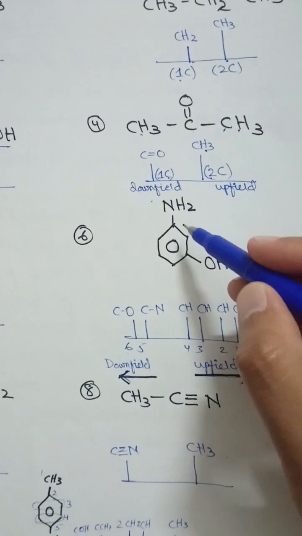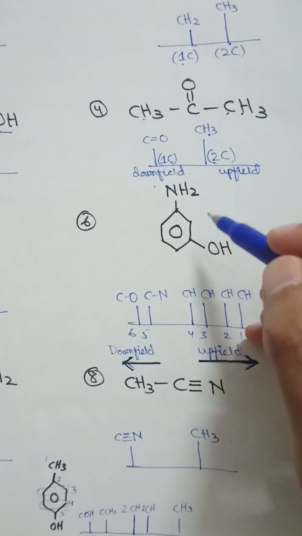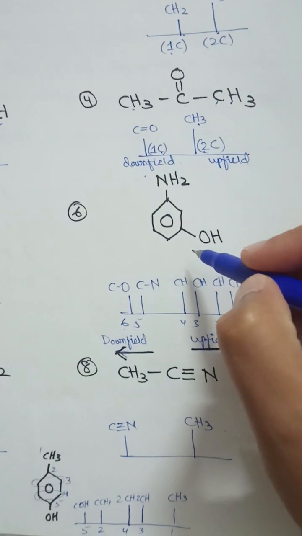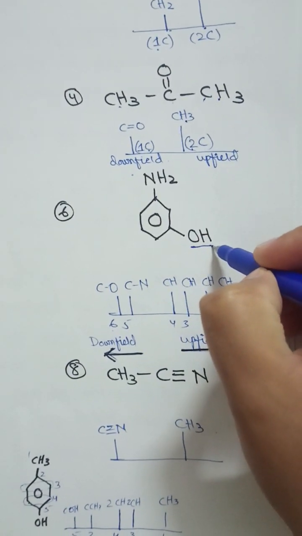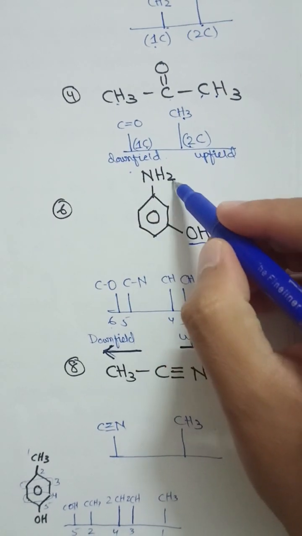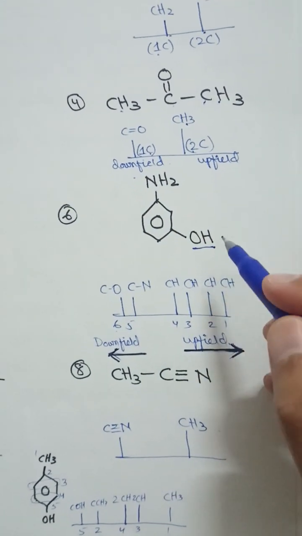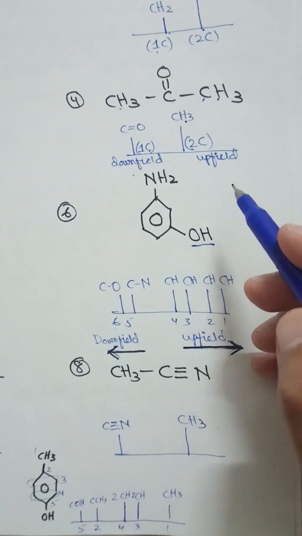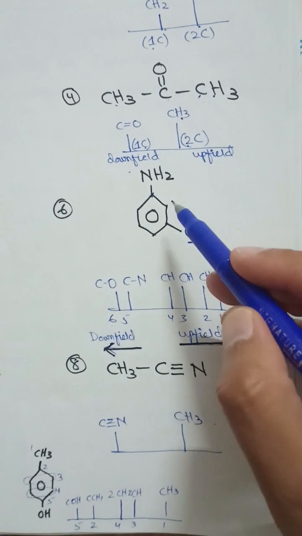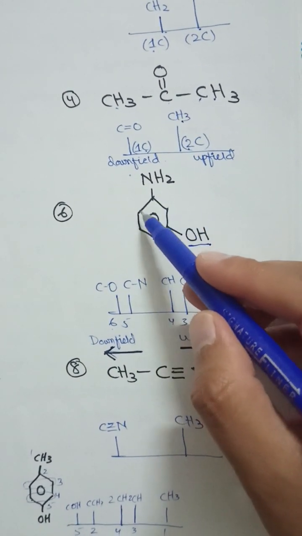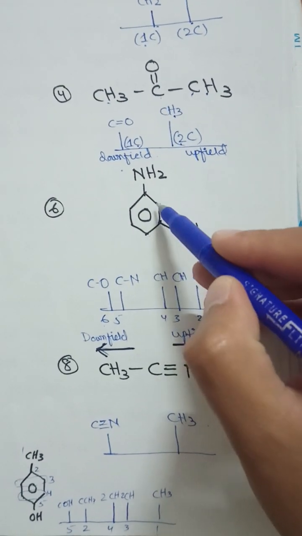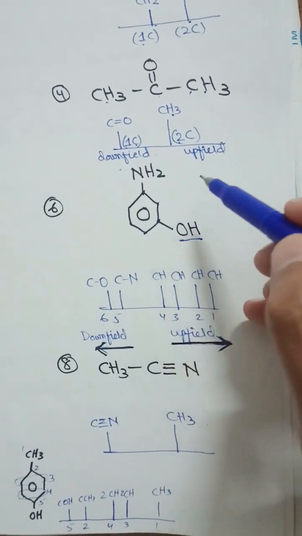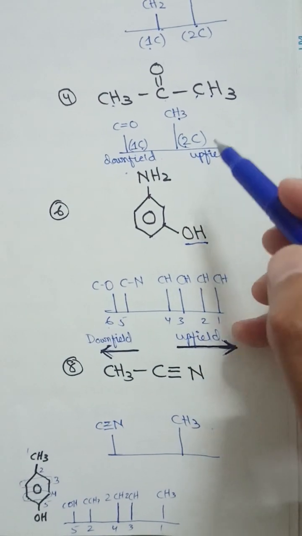If we look at the benzene ring, here we have two groups attached to the benzene ring. One is a hydroxyl group and the other is an NH2 amino group. In this case we will get six different peaks. We have carbons 1, 2, 3, 4, 5 and 6, and each carbon has a different environment. They are not equivalent, so we will get different peaks.